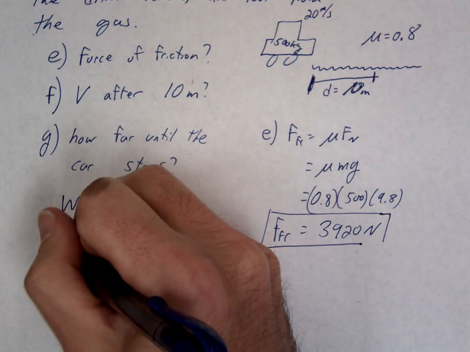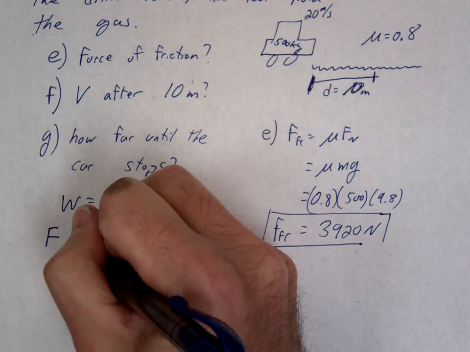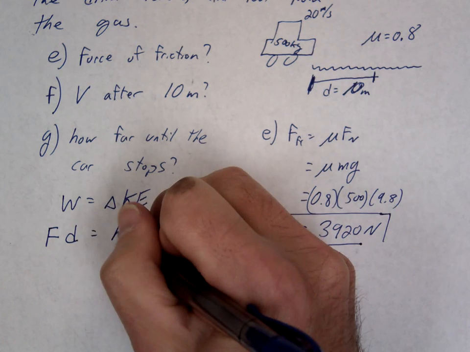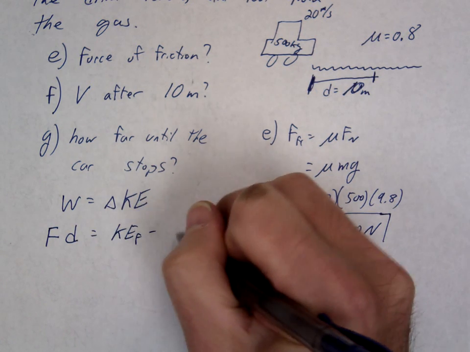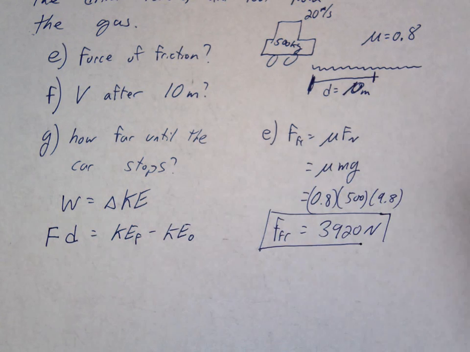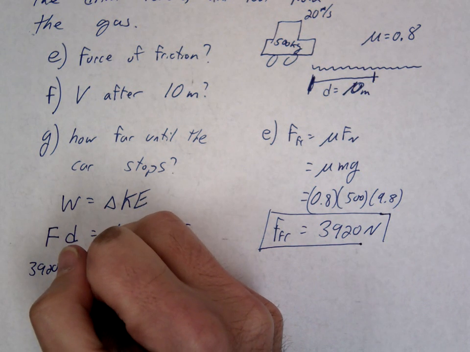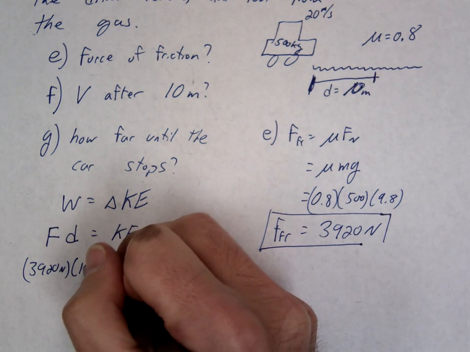Well, how would we find work? Force times distance. So we're going to figure out the amount of work that we did. That should equal the kinetic energy final minus the kinetic energy initial. Well, to find out how much work we did, 3920, right, times 10 meters.